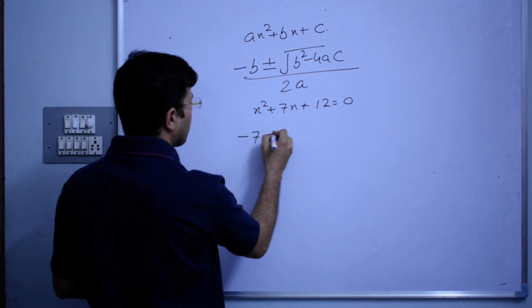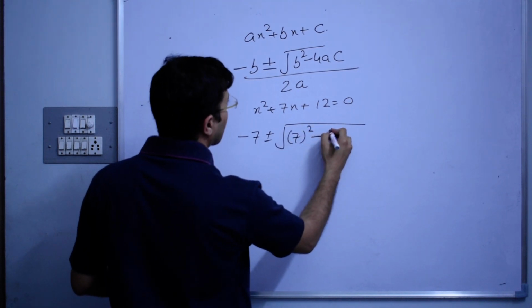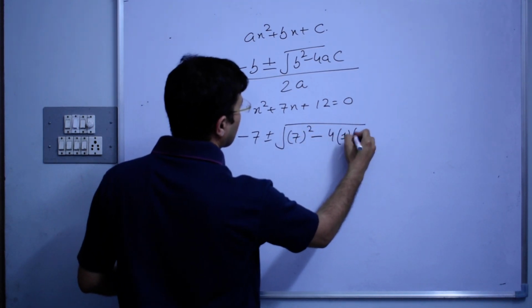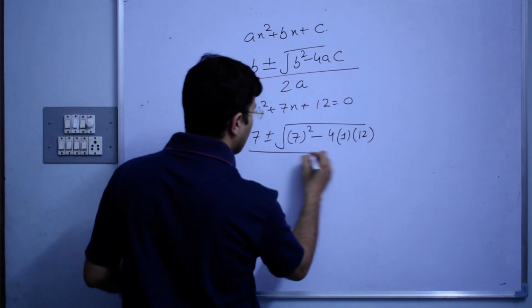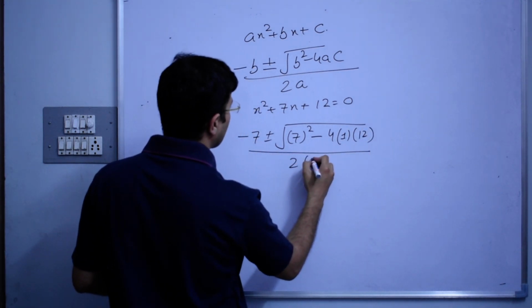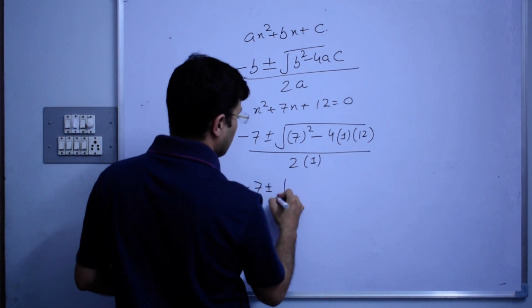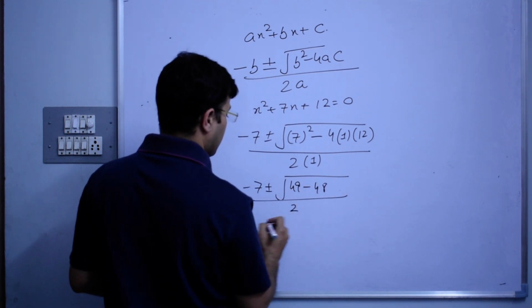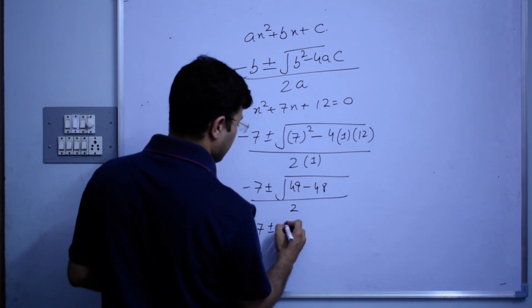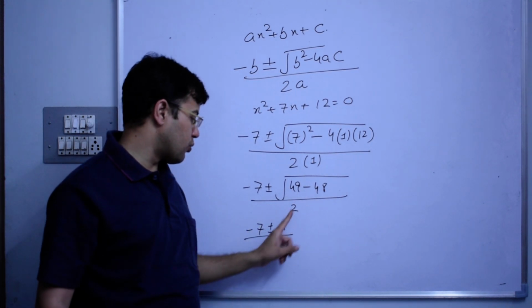So minus 7 plus minus square root of 7 square minus 4 into 1 into 12, divided by 2 into a, which is 1. So minus 7 plus minus square root of 49 minus 48 by 2. So minus 7 plus minus 1 divided by 2, because root 1 is 1.